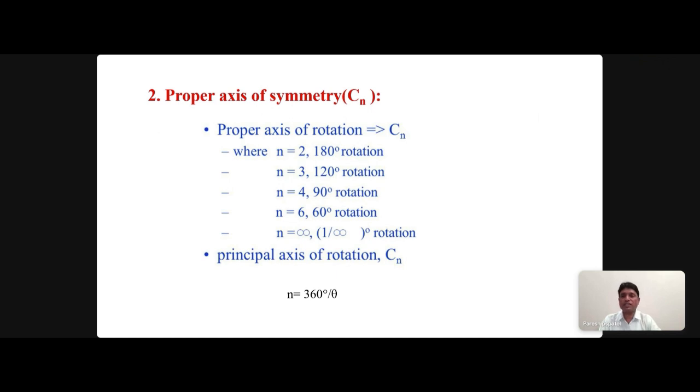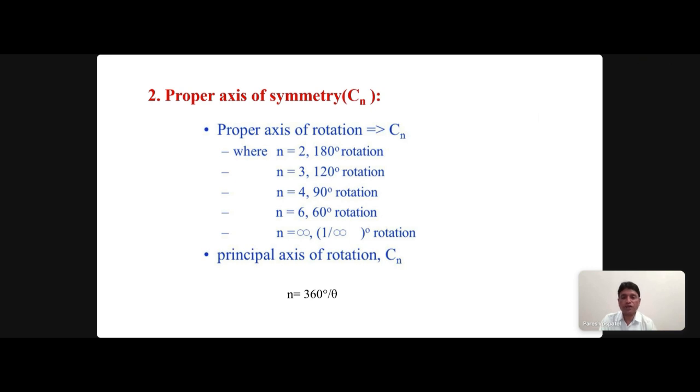The second symmetry element is the proper axis of symmetry, which can be symbolized by Cn, where n represents the order of axis. If you rotate any molecule around 180 degrees, the order of axis n is equal to 360 by 180, so n is equal to 2.